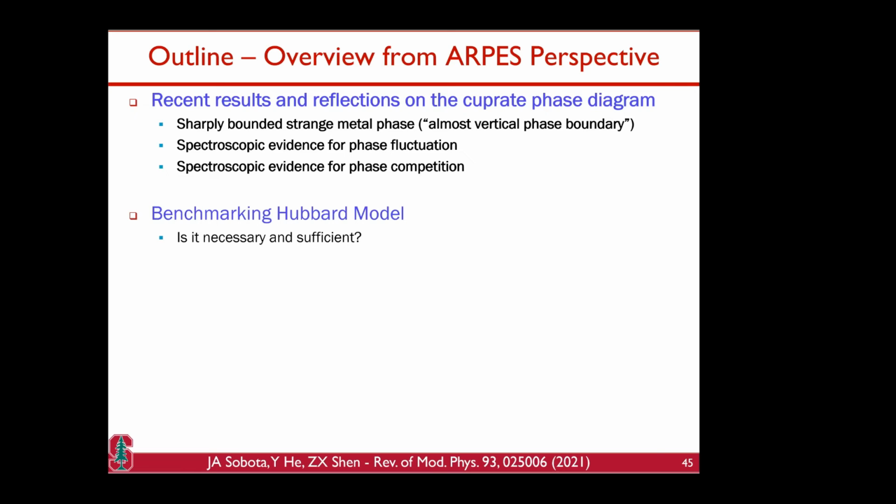Yes, thank you. For those of you who are not familiar, there's work in a different material system, but in spirit it is similar: YBCO by the Cambridge group, showing a very temperature-independent, sudden change at this doping that's being referred to.